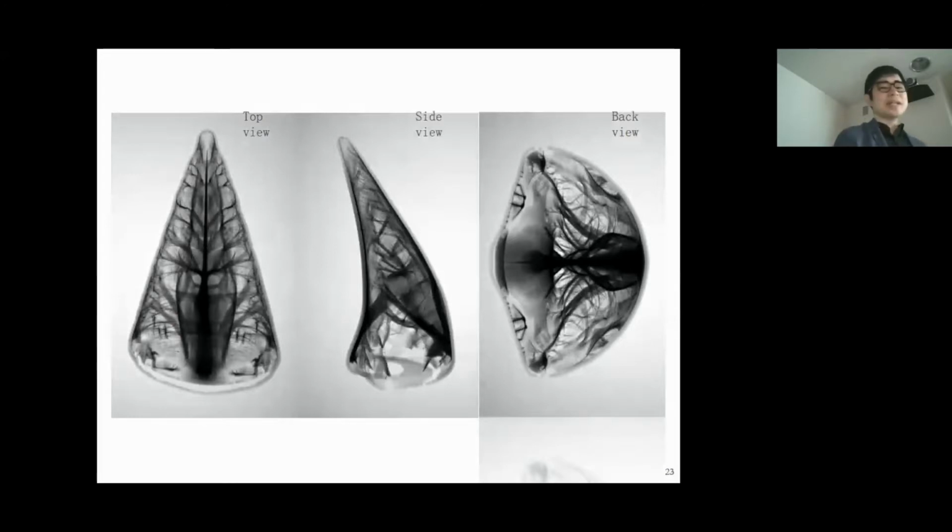And these are different views. You can see it looks very similar to a real bird beak. First, it's very much like a hierarchical structure. It's very sparse, like a tree or a web structure that supports the entire space, but with very thin and complicated geometries.